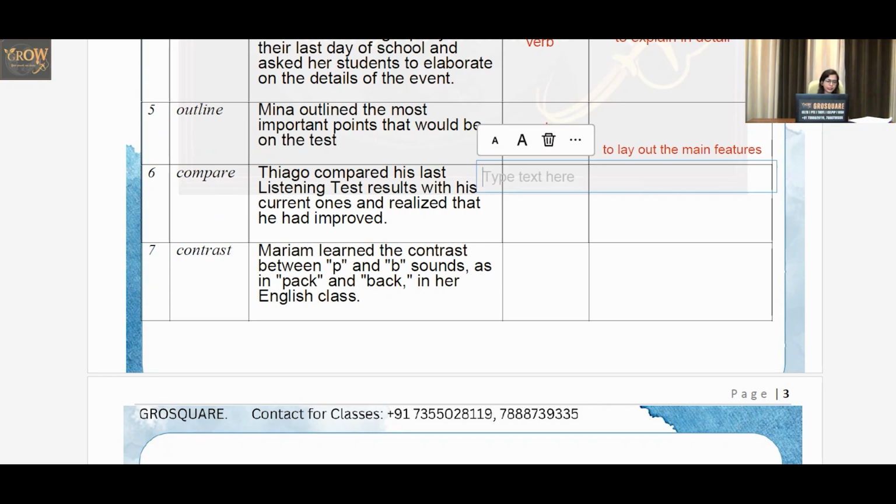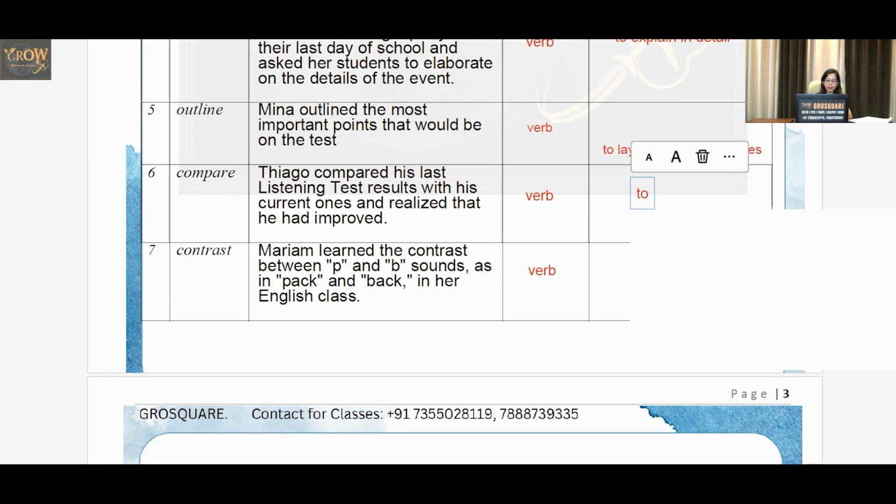So what is compare? Again, it is a verb. And what is contrast? This is also a verb. Okay. Now, you might want to ask, then what is the difference? Okay, so compare का मतलब क्या होता है? Let me write down the meanings first of all.